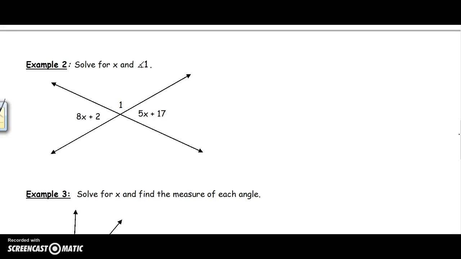Here's an example of vertical angles. What do you think we can do in order to solve for x? Because that's step 1, solve for x. If you notice, they are two continuous lines, so these two angles are congruent. And if you remember, the word congruent means that they are equal.